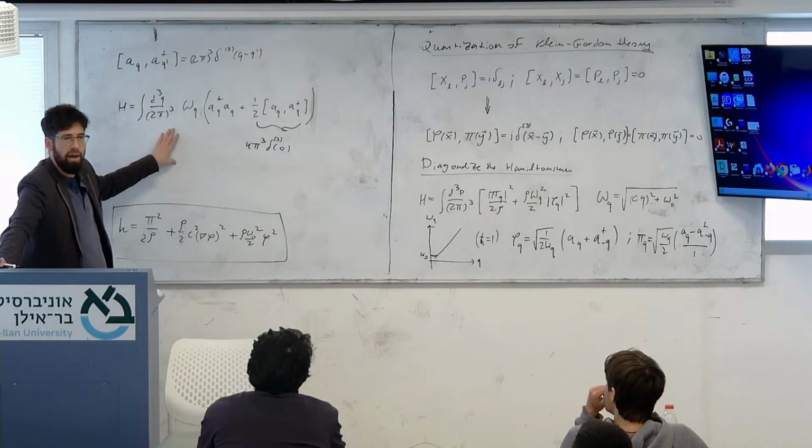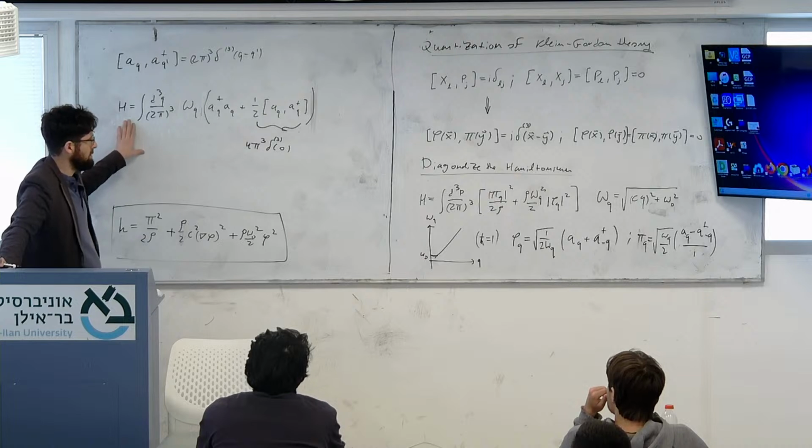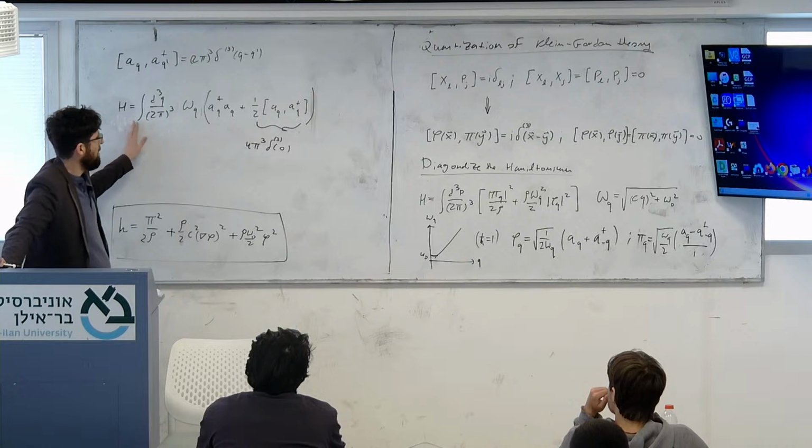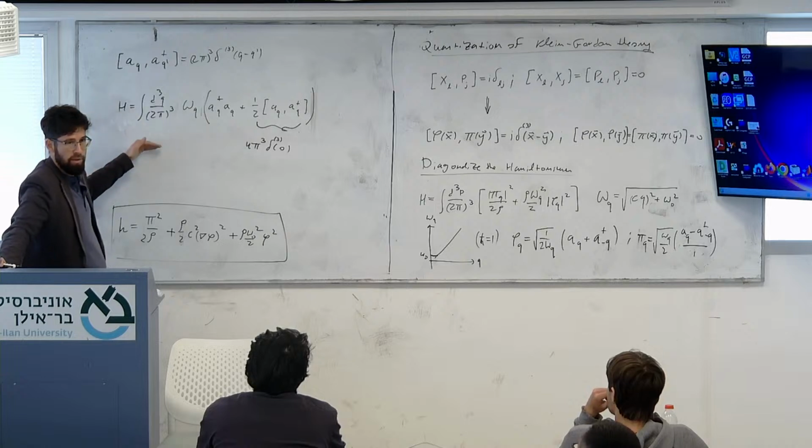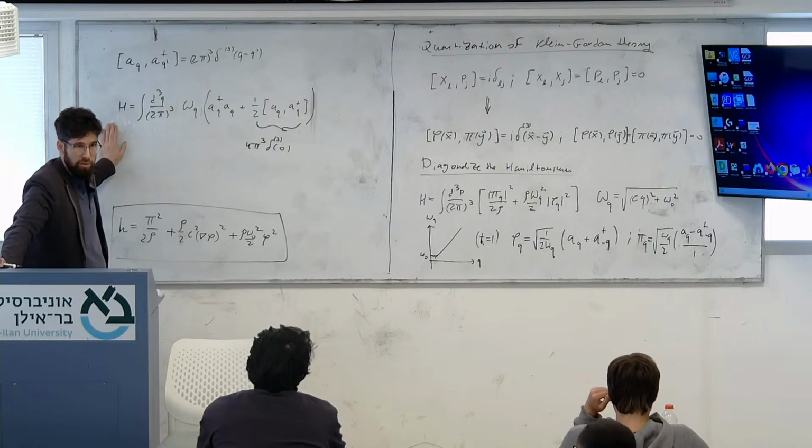You subtract the average. And that's equivalent to doing what is called normal ordering. That means that the only terms that appear are where A dagger is to the left and A is to the right. And then you avoid these infinities.